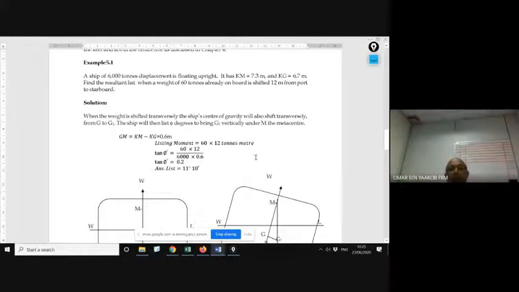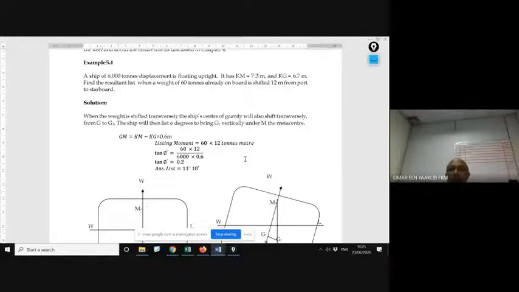Which means that just changing KG by 0.3 meters causes this angle to be, instead of 11, become 21.8 degrees, almost twice. So this shows the influence of GM. Just by changing GM by 0.3, you have made the listing much more.